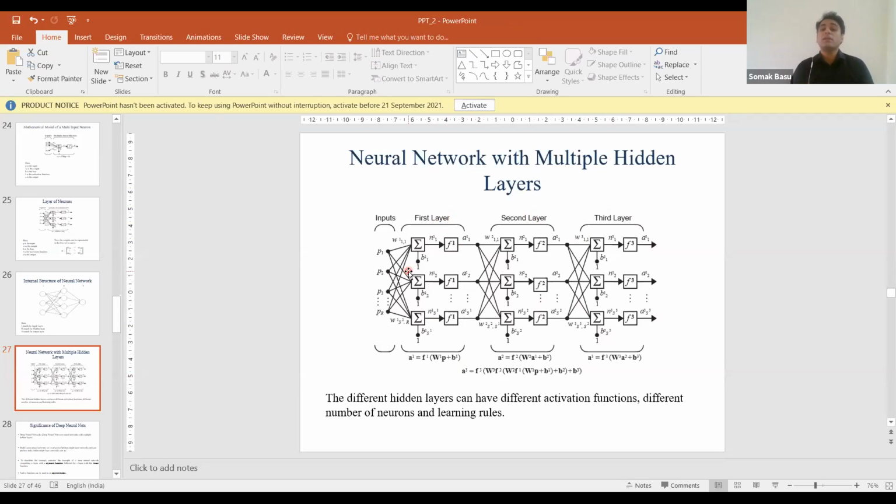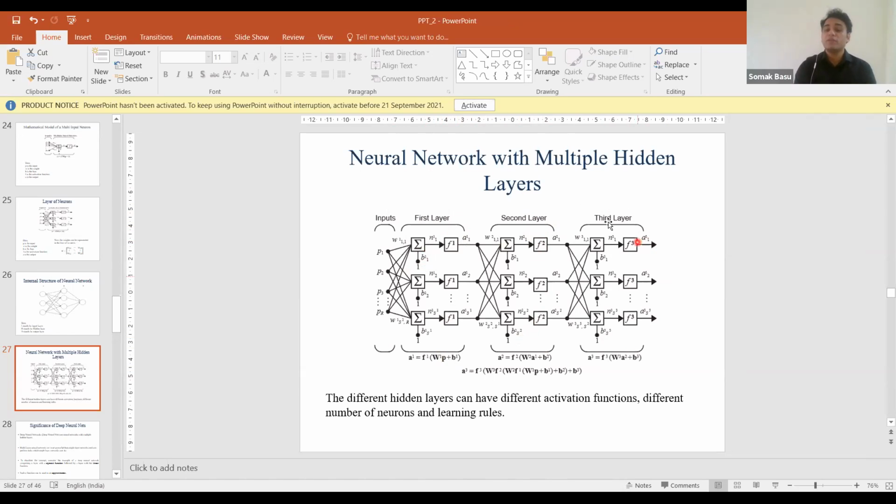The different layers can have different activation functions. Generally, we try to design deep neural nets with different activation functions, so that their performance can be diversified. So see, this can have a different activation function, different values of bias. This can have different activation functions, different values of bias.